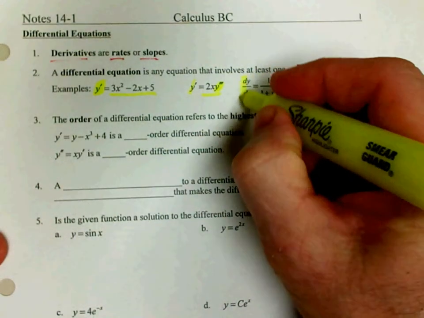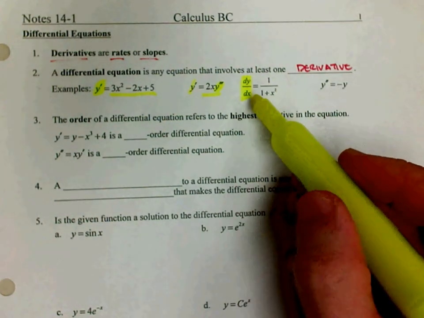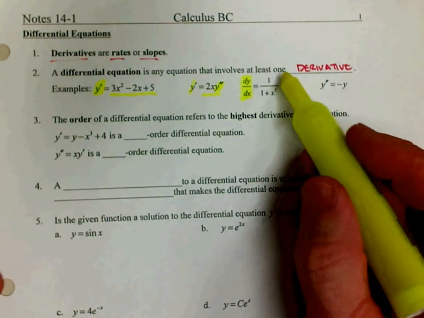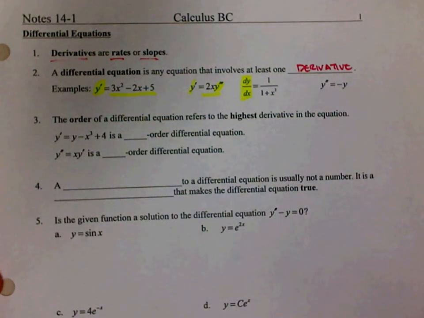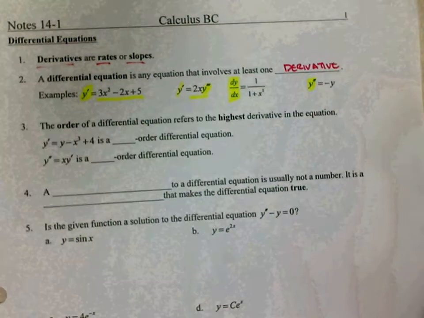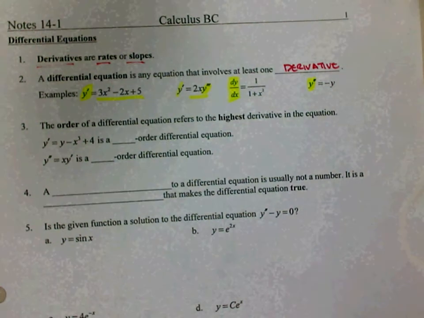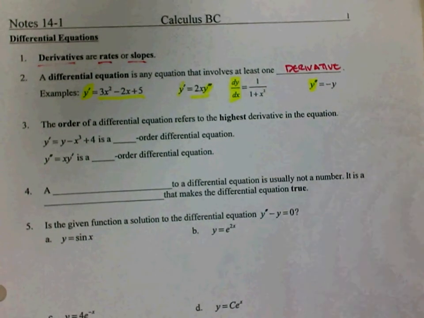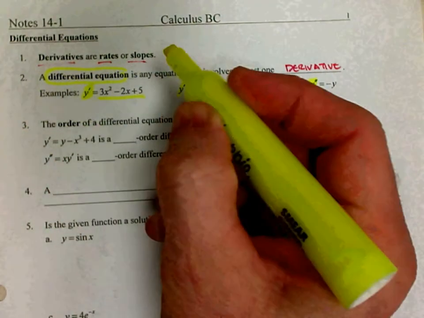As you recall, we can write a derivative using the dy dx nomenclature. So this is also a differential equation because it has a derivative in it. And then finally, we have the second derivative of y equals another y. Any combination of this that has at least one derivative in it is called a differential equation.